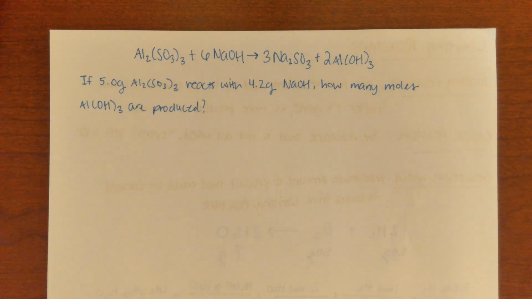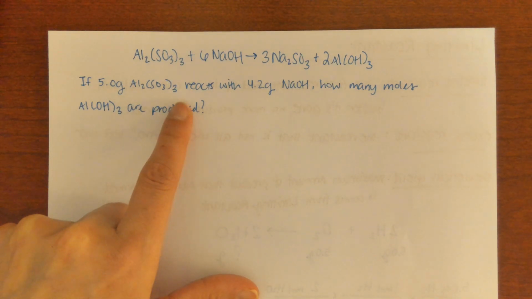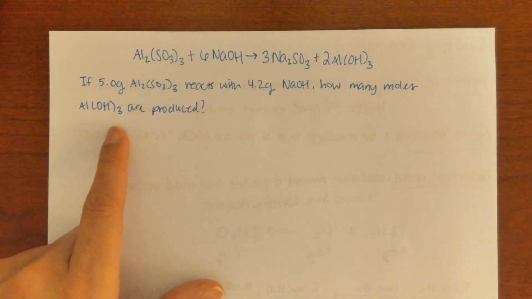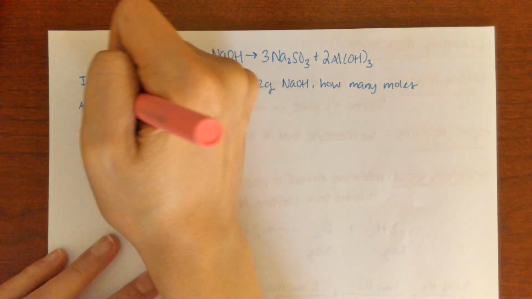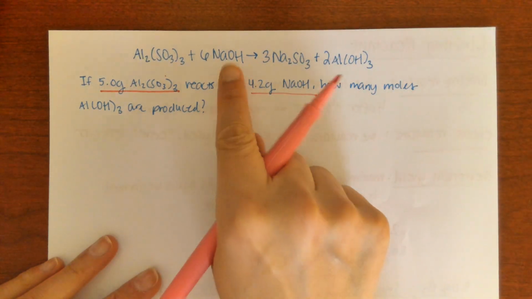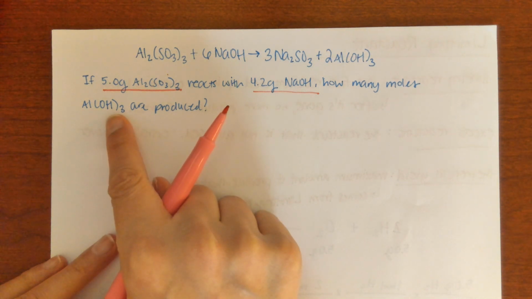So if 5 grams of aluminum sulfite reacts with 4.2 grams of sodium hydroxide, how many moles of aluminum hydroxide are produced? So when you break this down, you have 5 grams of this reactant and then 4.2 grams of this reactant. And then it's asking for how many moles of aluminum hydroxide.